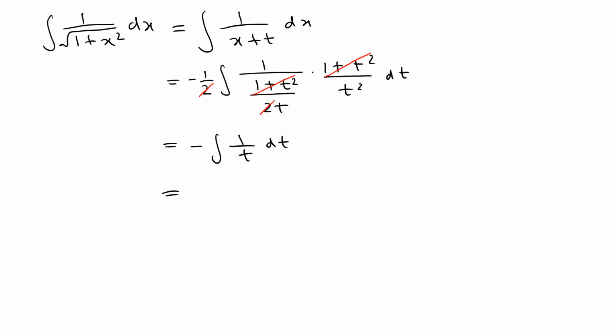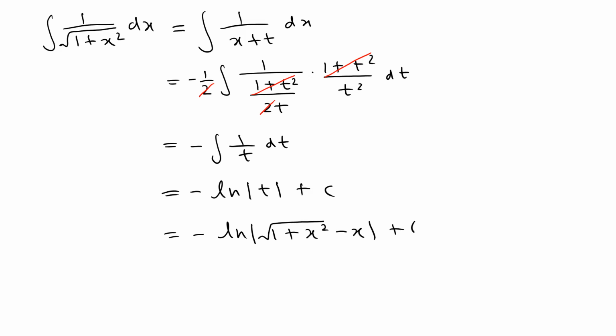So that means this is easy to integrate. So this is simply negative ln absolute value of t plus c, and then we can substitute for t now. From the substitution, you can see that this is simply negative ln of the square root of 1 plus x squared minus x, plus c.